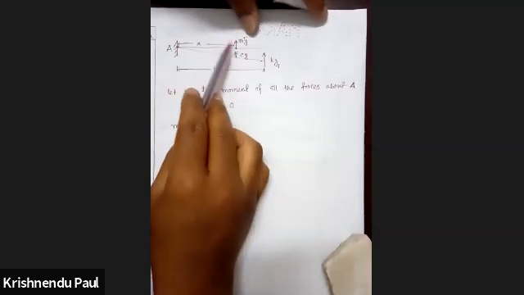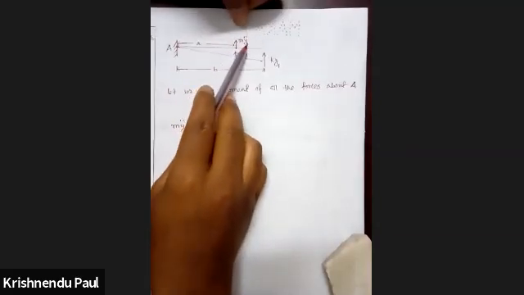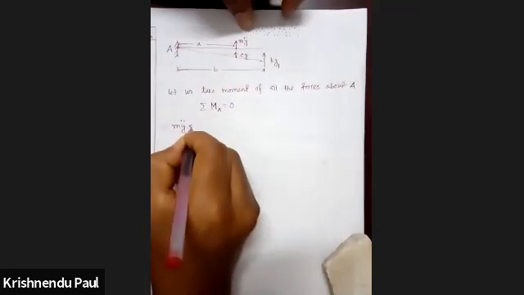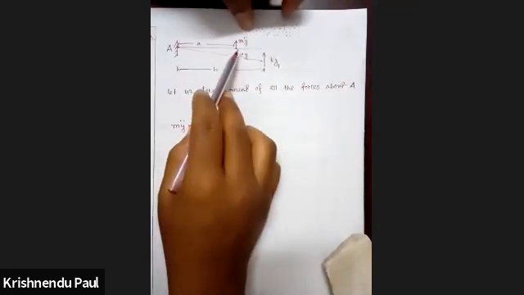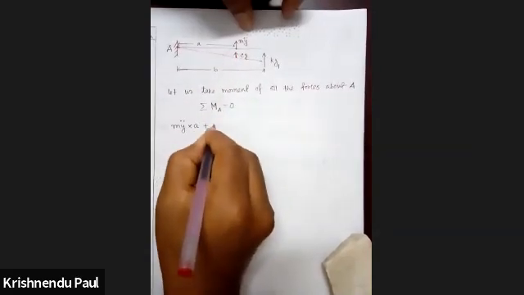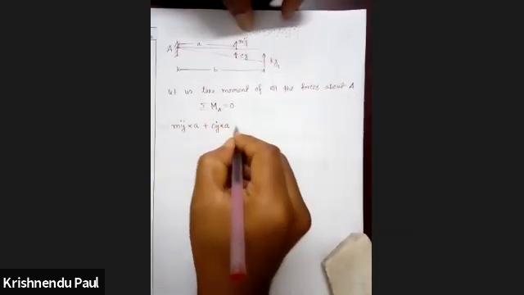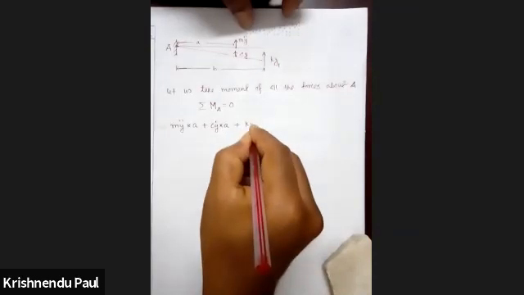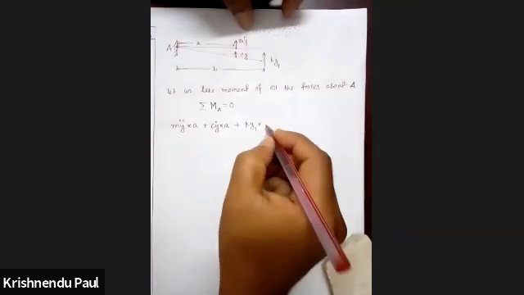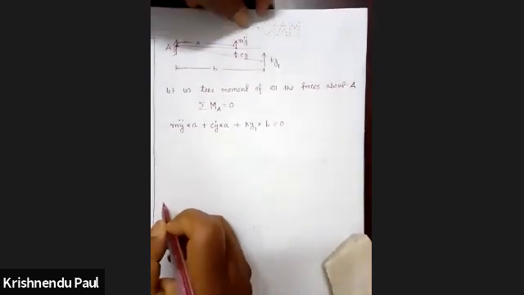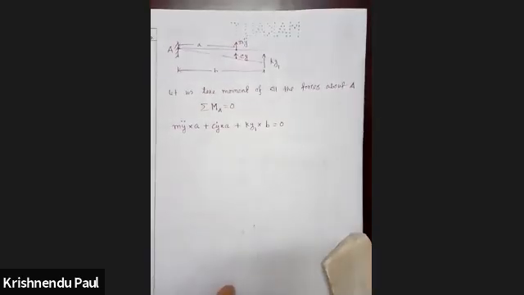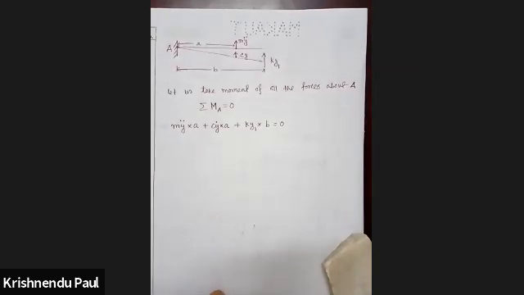So m y double dot into a, plus c y dot into a, plus k y1 into b is equal to 0. Is it understood? Yes, sir.